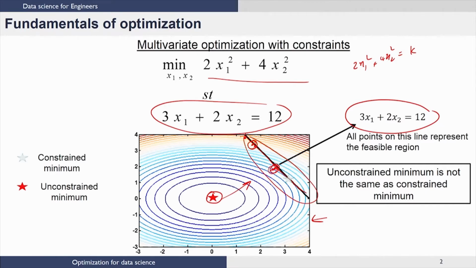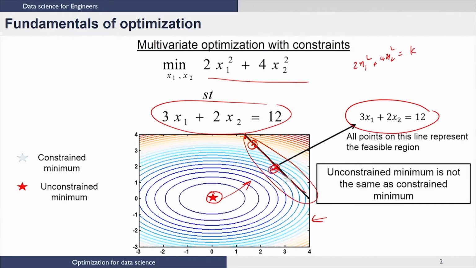So, as you go along the line, you see that the value keeps changing, and my job is to find that particular point where the objective function value is the minimum. So, this is the basic idea of the constrained optimization solution that we are looking for.